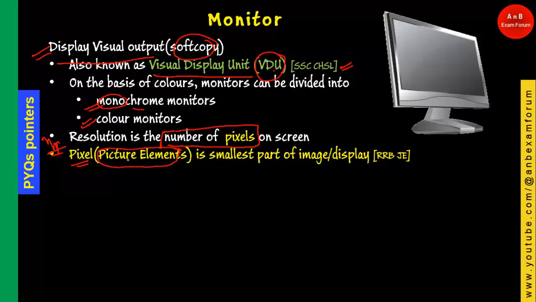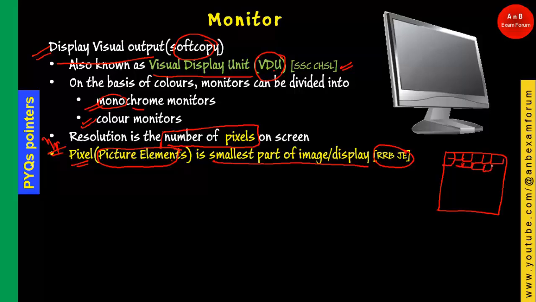It is a picture element and it is the smallest part of the image or display, and this pointer was asked in RRB JE. So if you have one image, this image is made up of very small picture elements. The smaller the element, the greater the clarity.